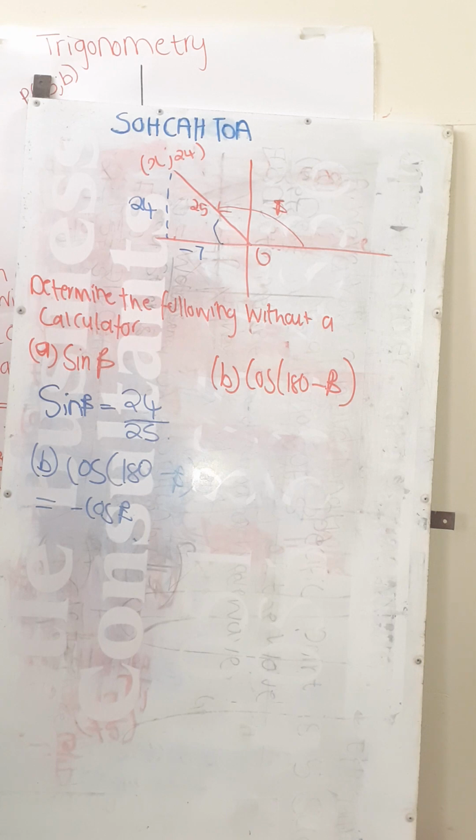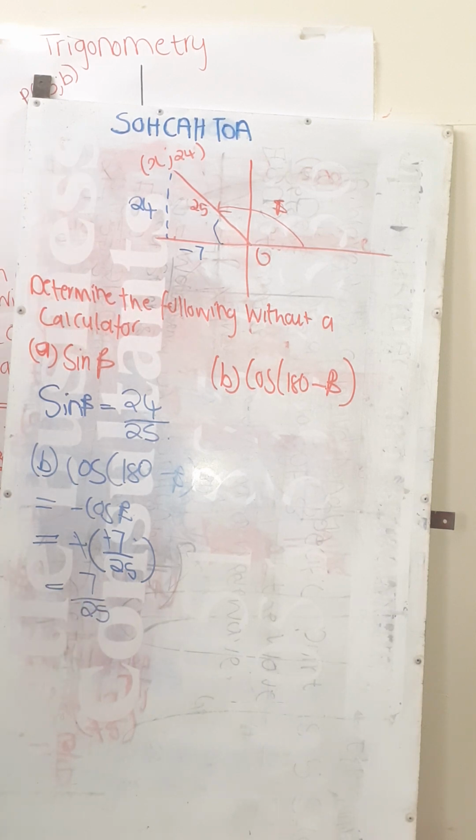Cos is adjacent over hypotenuse. So the adjacent side, negative 7 outside, which is negative, over hypotenuse, which is 25. And then for the final answer, this negative will cancel this one, and then you will have 7 over 25.